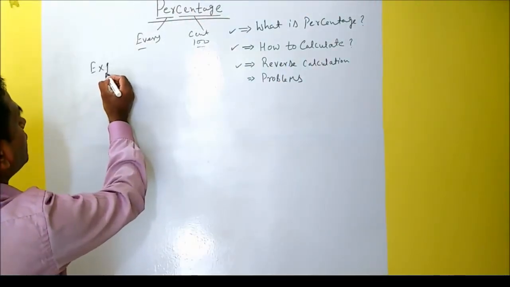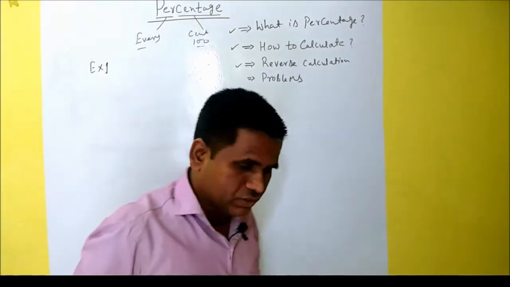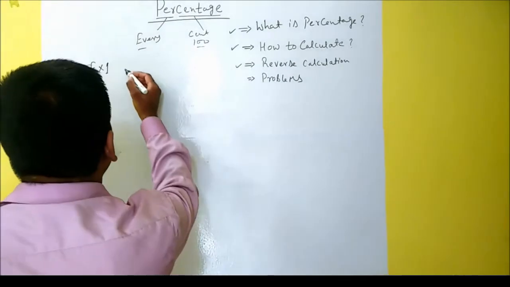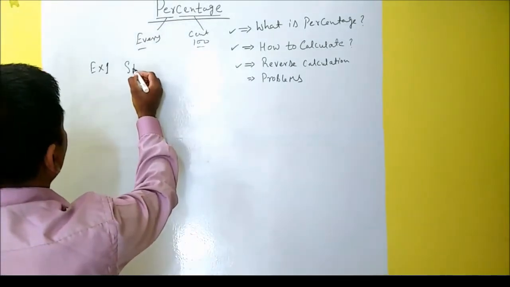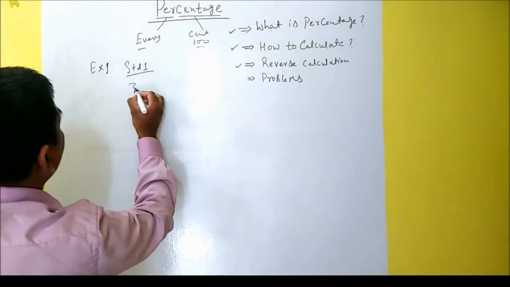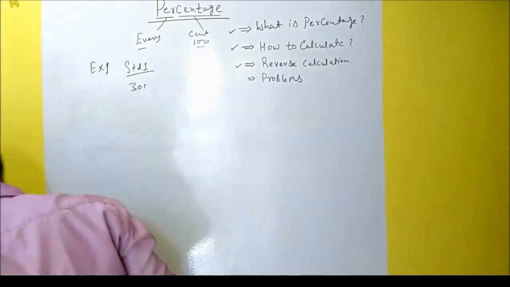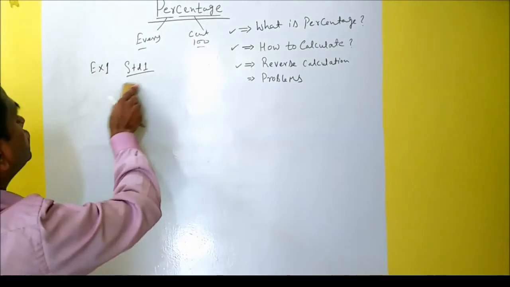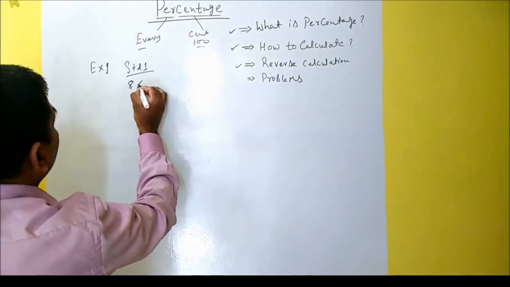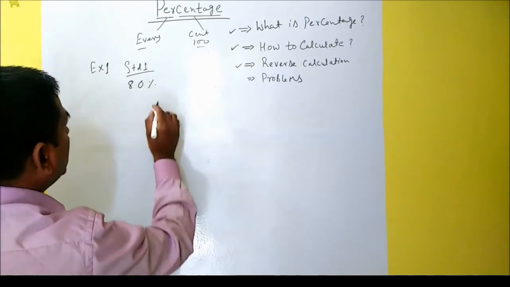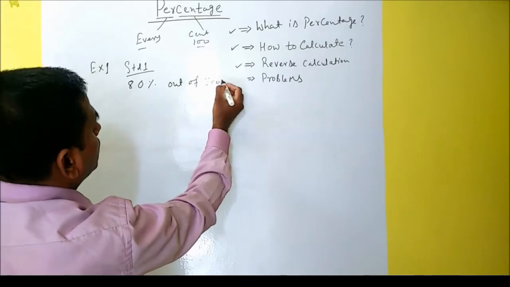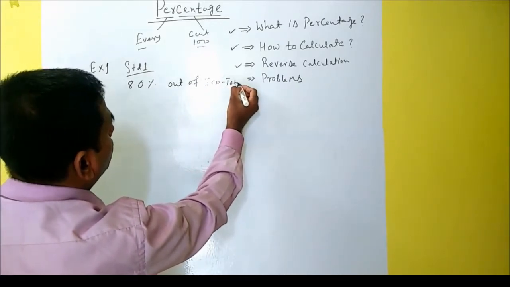So here is an example I am taking in the reverse calculation. For an example, let's assume student 1 has scored 80% of marks, out of total marks 500. 500 is the total.